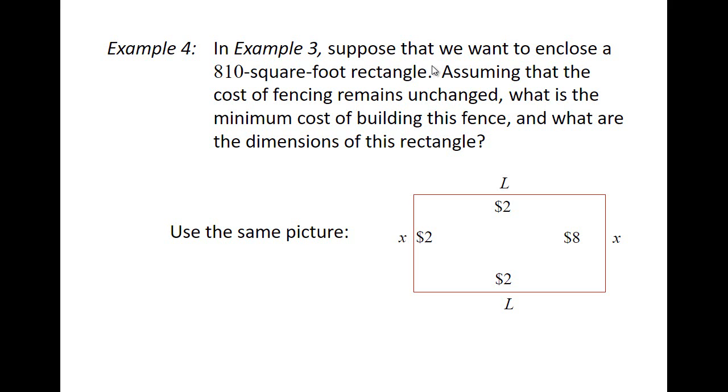Now in this video we're kind of going to do the opposite. That is, we are still trying to create a rectangular region with wire fencing on three sides and wooden fencing on one side, with the same prices for the wire fencing and the wooden fencing.